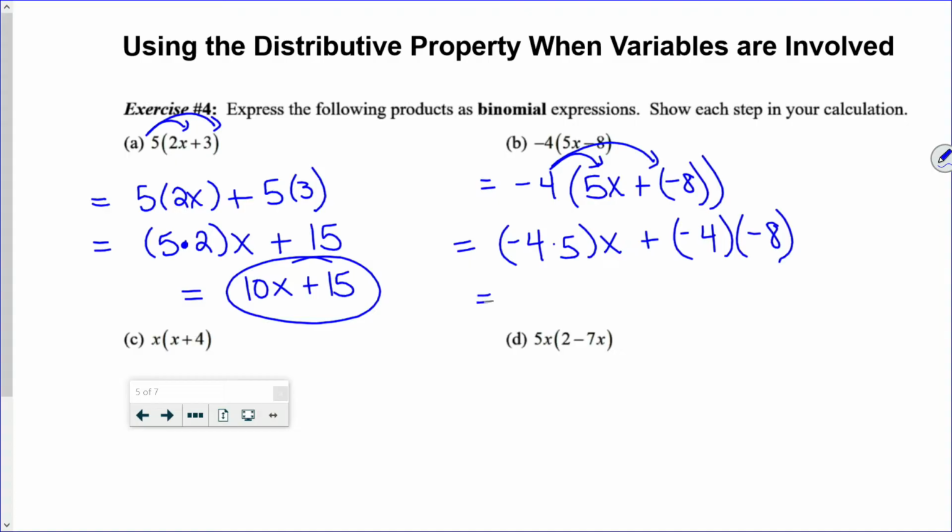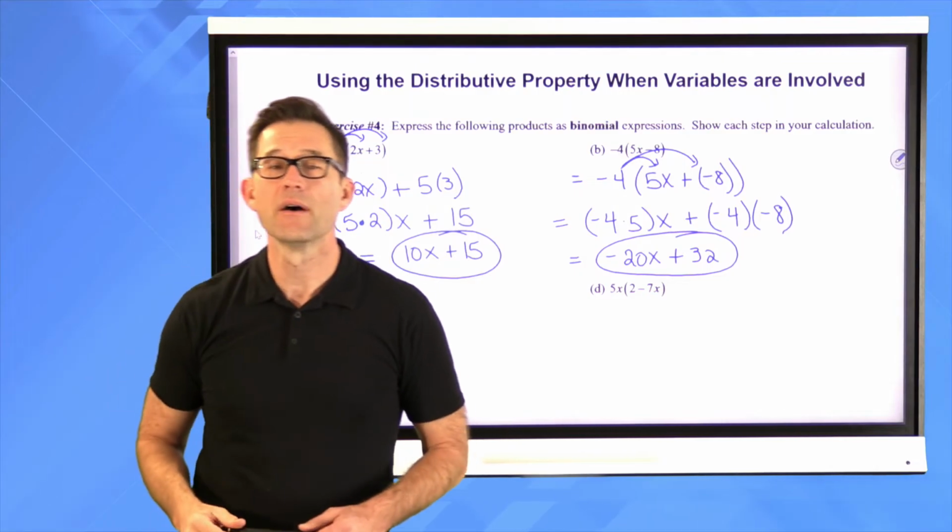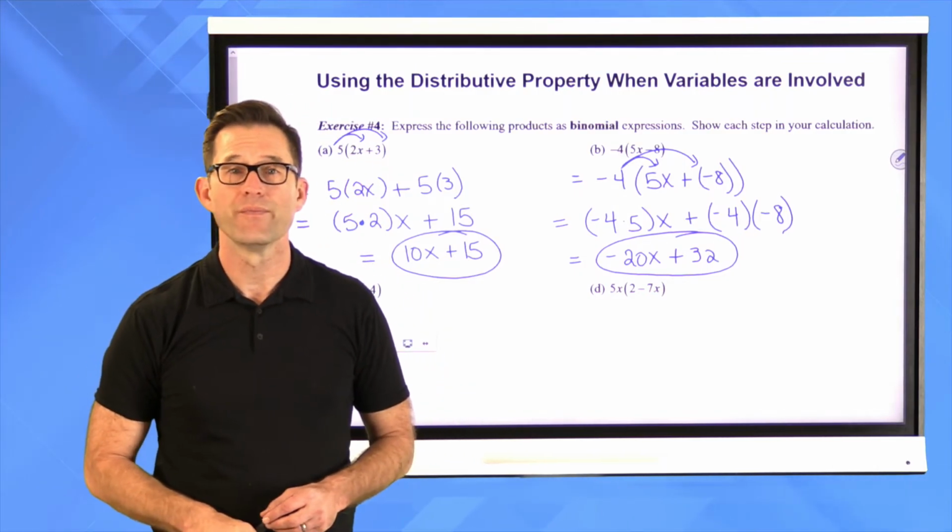Negative 4 times 5 is negative 20x. Then negative 4 times negative 8 is a positive 32. Remember, a negative times a negative is a positive. So we end up with negative 20x plus 32.